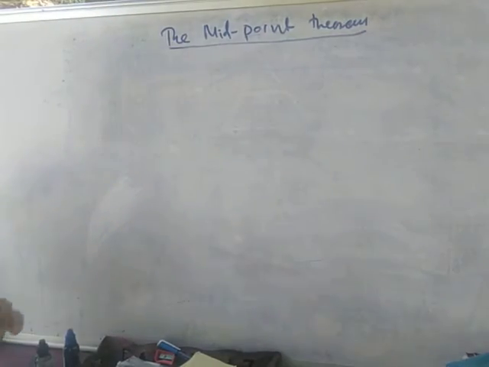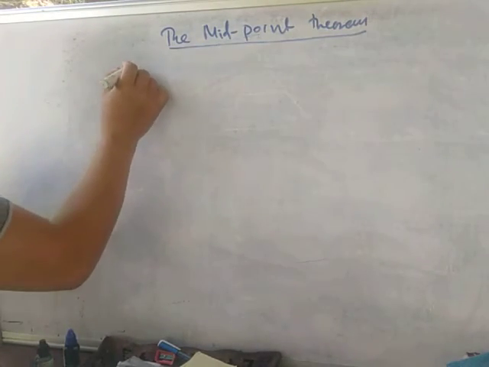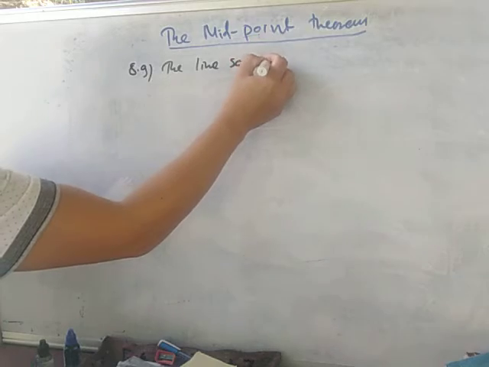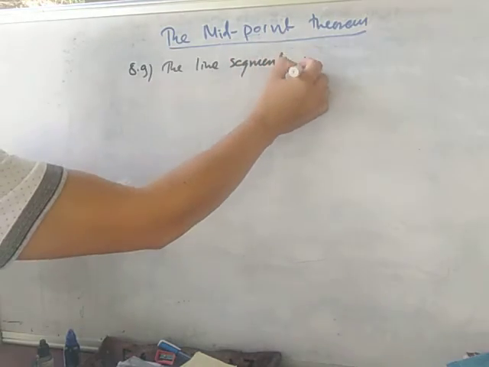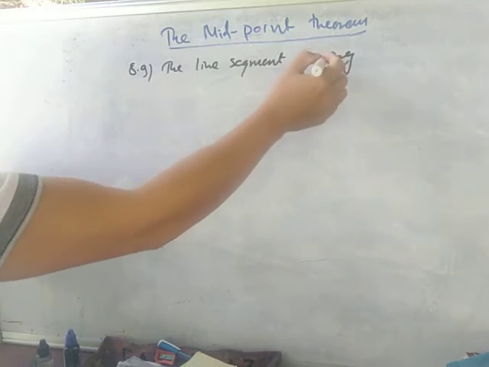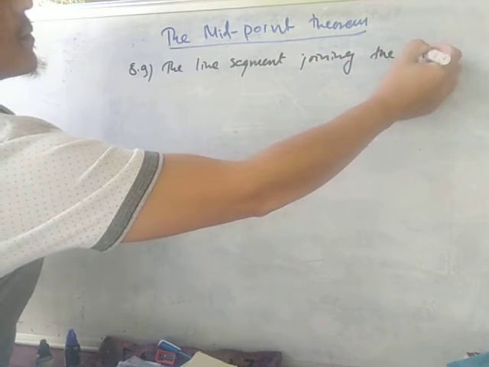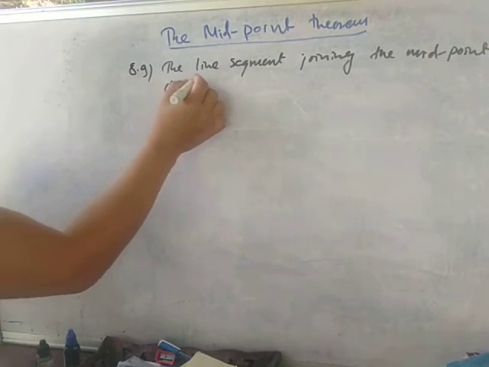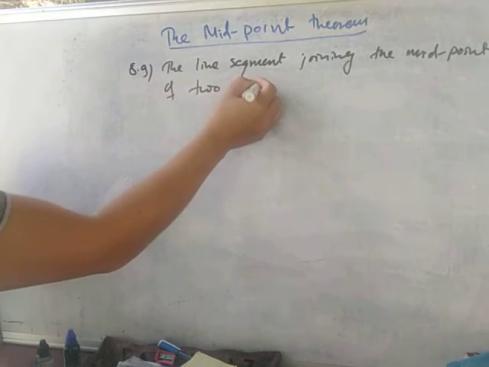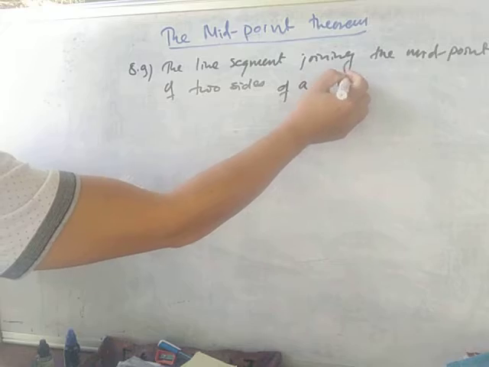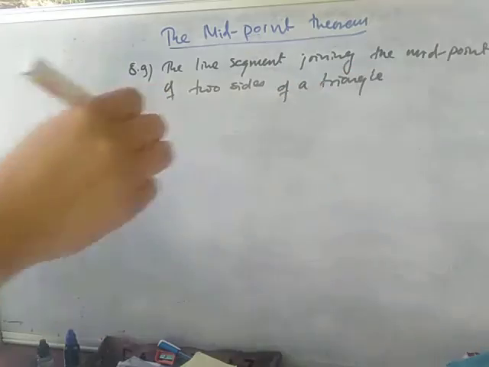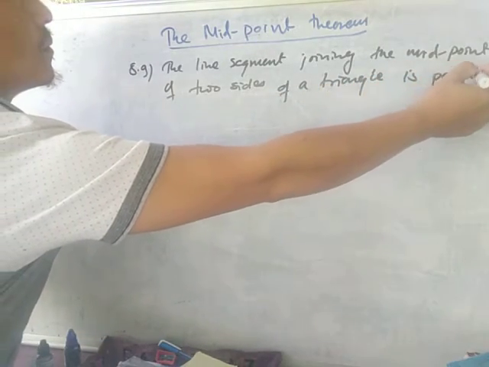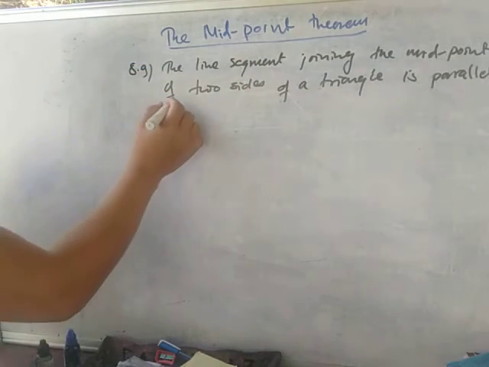Write down theorem 8.9. The line segment joining the midpoints of two sides of a triangle is parallel to the third side.